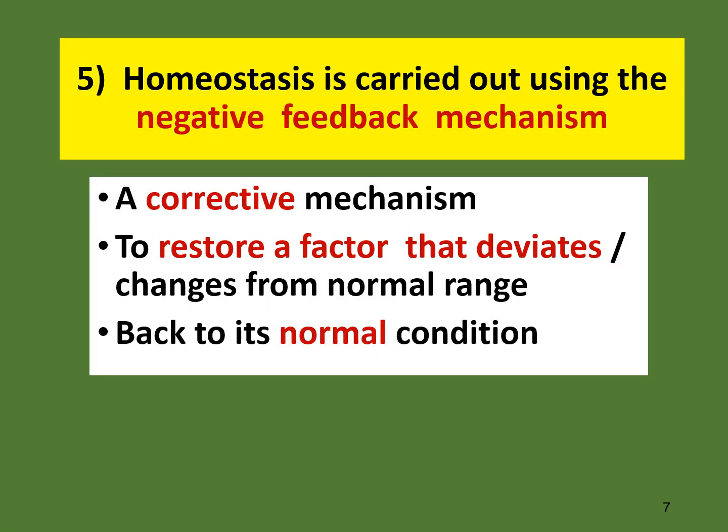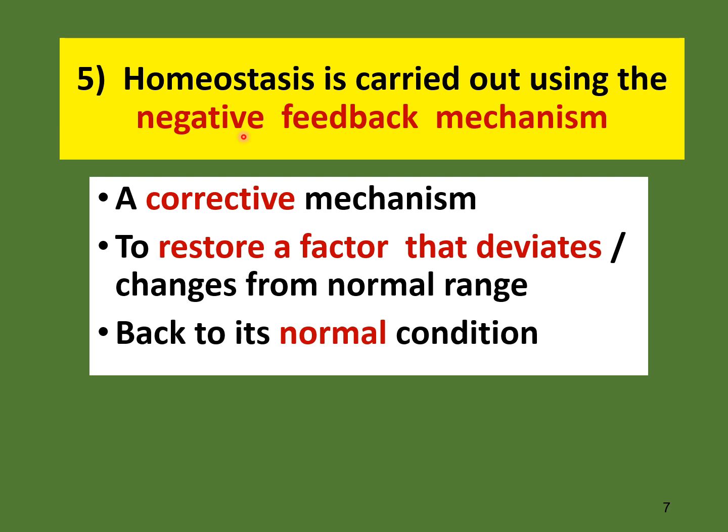We have already studied what homeostasis is and also why it is important. So now let's study how homeostasis is carried out. It is carried out using the negative feedback mechanism, which you may have heard when you studied chapter 2. So negative feedback mechanism, the word negative means to take away that condition, whether the value of the factor is going up or down.